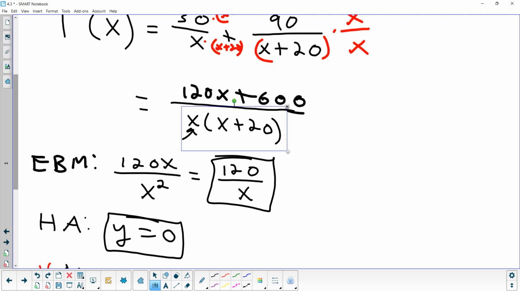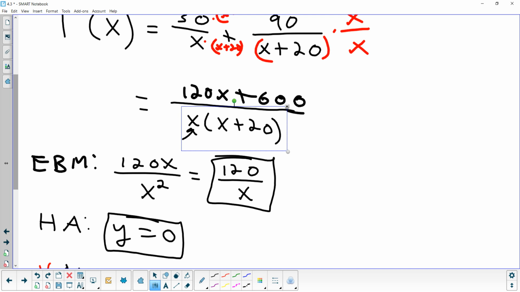And what would make this first factor come out to 0? You really just set that factor equal to 0 and then solve. Don't think about it too hard here.